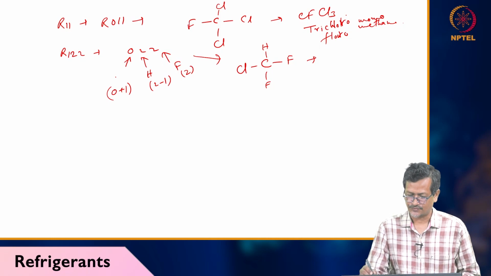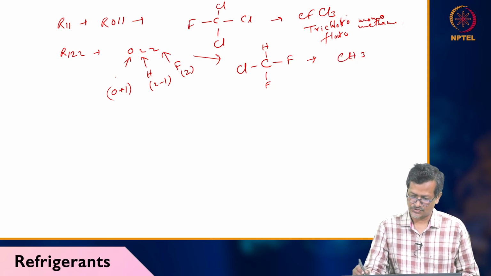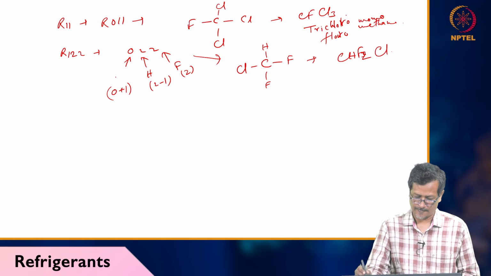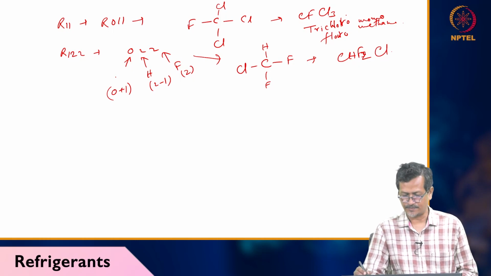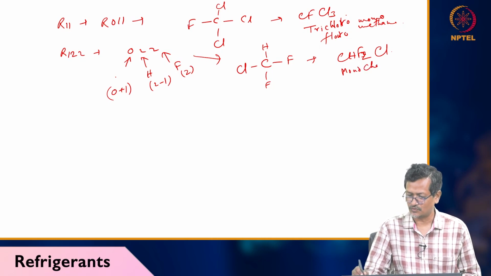So this formula becomes CHF2Cl, monochlorodifluoromethane. I think you are very much familiar with these chemical names: monochloro difluoro.